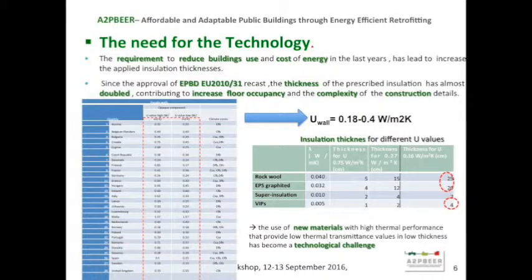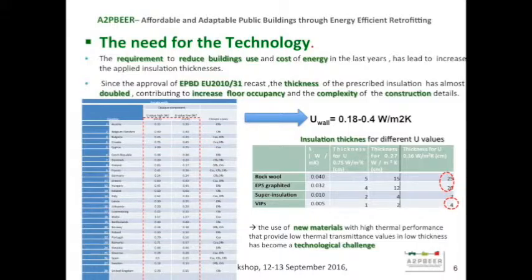So why have we developed these technologies and why do we want to reduce the thickness? Because the Commission, with the approval of the EPBD recast, the thickness of the insulation has almost doubled.